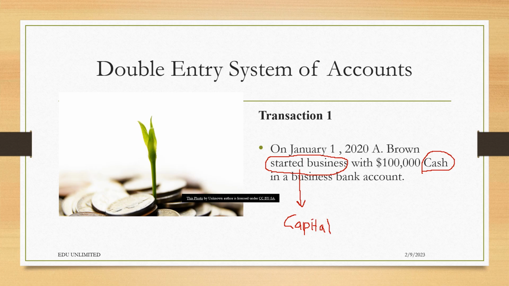So the two accounts concerned are capital and cash at the bank. Those are the two accounts concerned as we move on to recording this transaction in the general ledger.